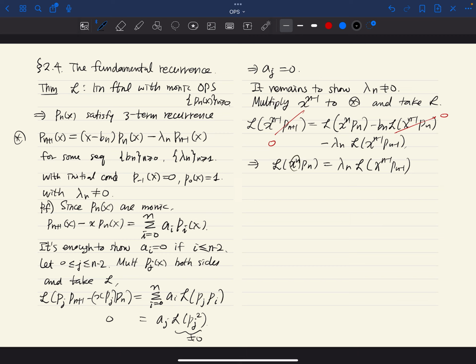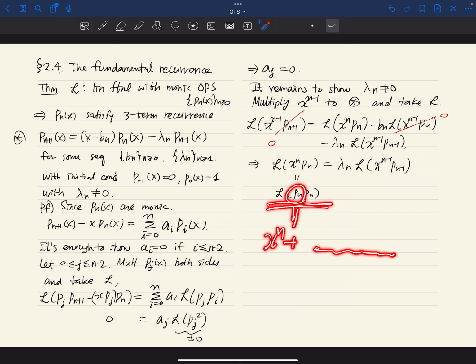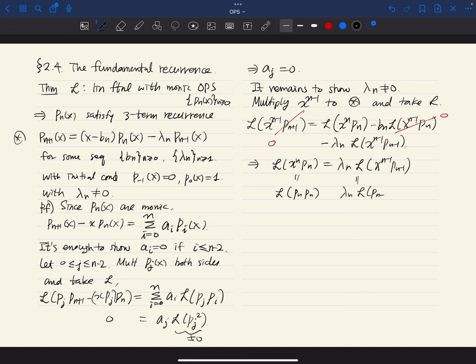But you know, this is the same thing as L of P_n P_n. Why? P_n is a monic polynomial. So imagine that you expand this as x^n plus something, something, something. This will all disappear because of the orthogonality. So this is equal to this. And this, of course, equals this squared.